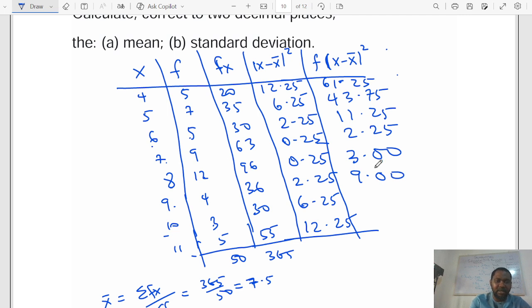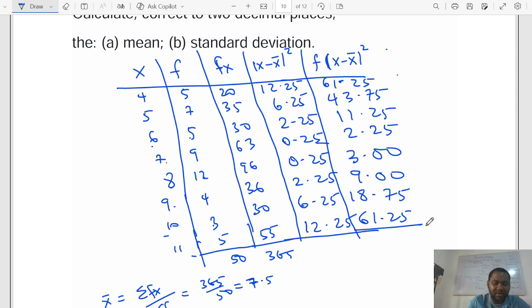Then the other one is 3 and 6.25. So this is giving me 18.75. Then the other one is 5 and 12.25. So this is 61.25. Quite tedious, right?